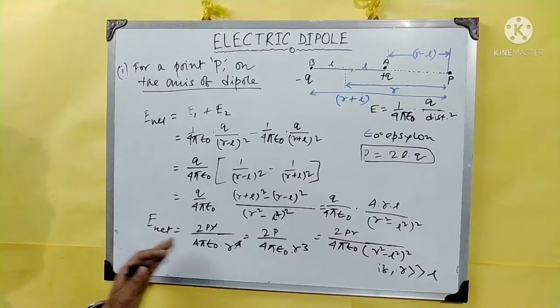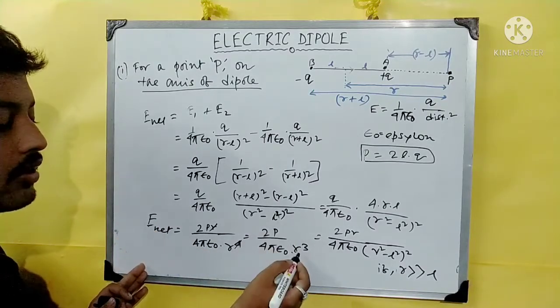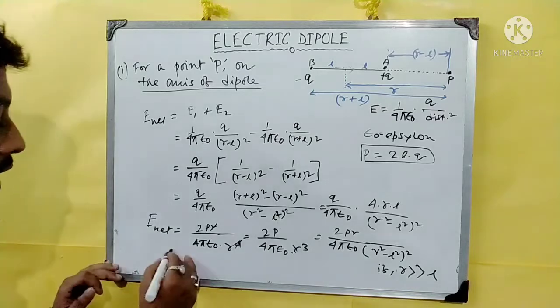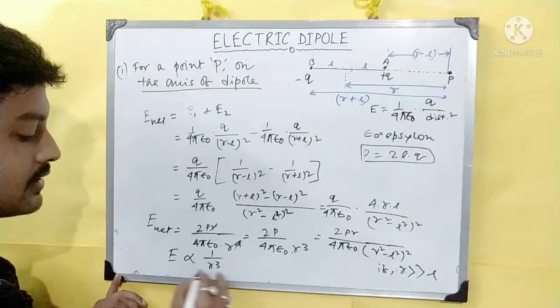So we can see that electric field is inversely proportional to the cube of distance in this case.